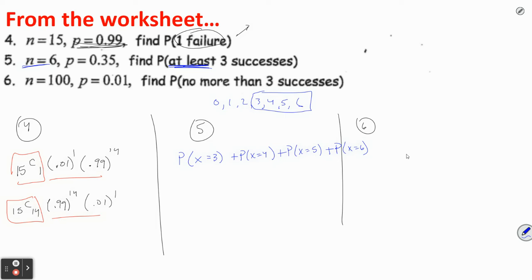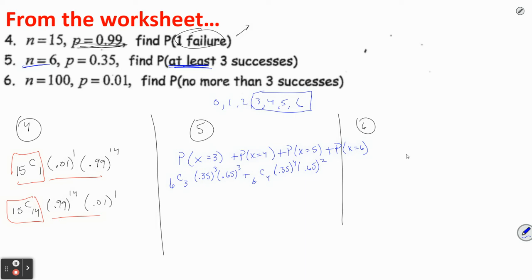So now I'd have to do this formula for 3: 6 choose 3, 0.35 to the 3, 0.65 to the 3, plus, and then start over: 6 choose 4, 0.35 to the 4, 0.65 to the 2, so on and so forth.